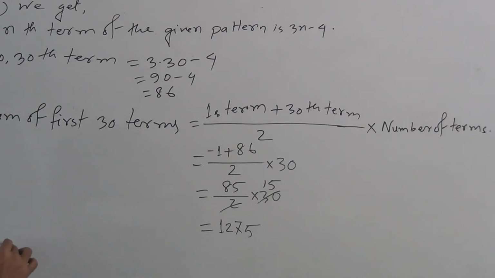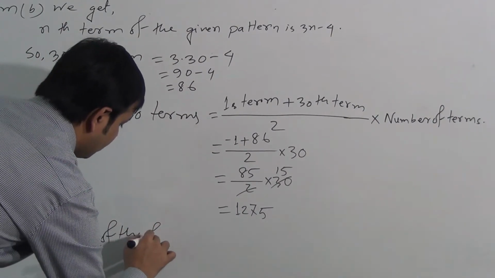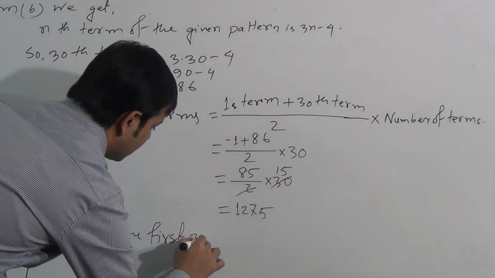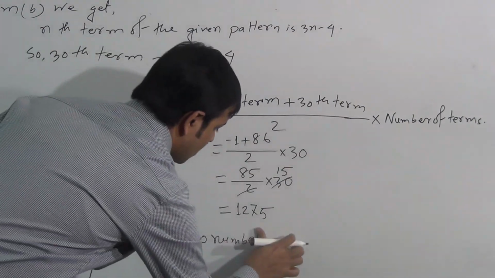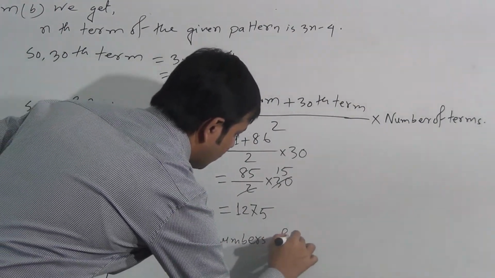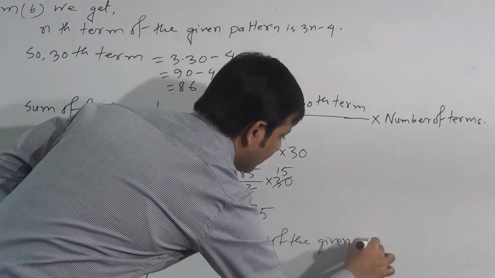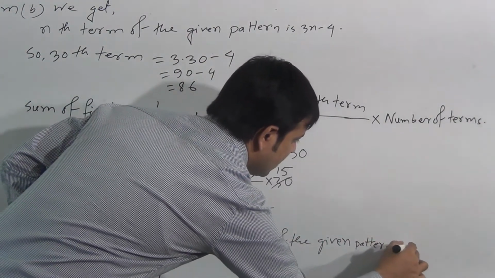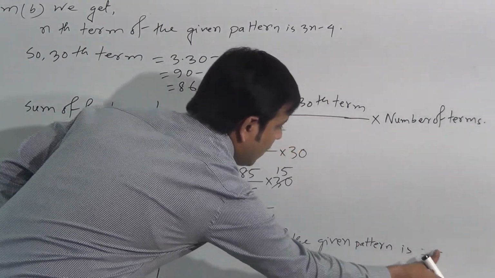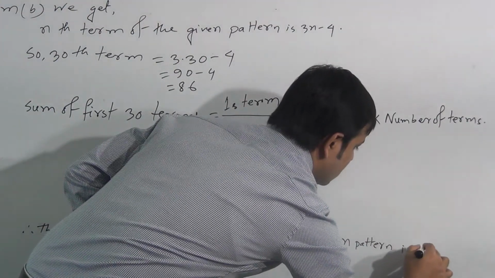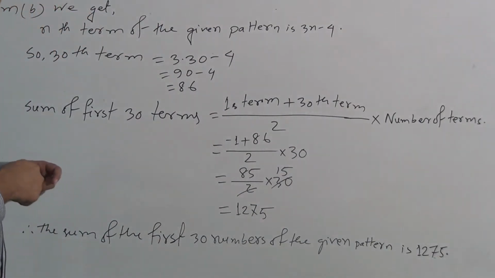Therefore the sum of the first 30 numbers of the given pattern is 1275. Okay, dear students, I have done question C.